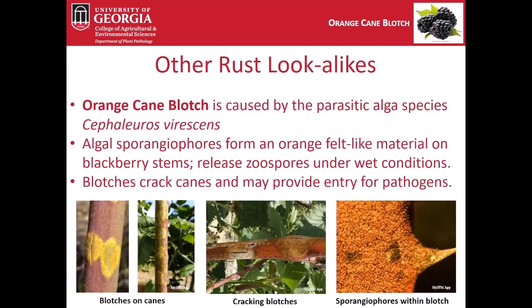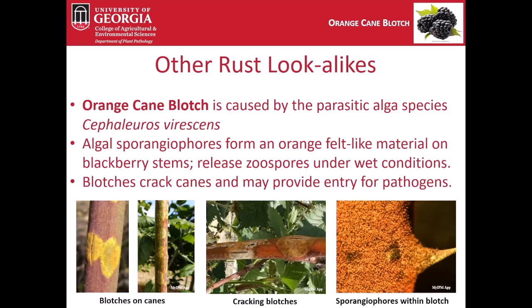There are some other diseases that look like rust on blackberry. There is a yellow rust, but typically that's only found in other locations, not in the southeast, on raspberries and some black raspberries. But there's also orange cane blotch, which I mentioned before is an algal disease that superficially at least can look a little like a rust.